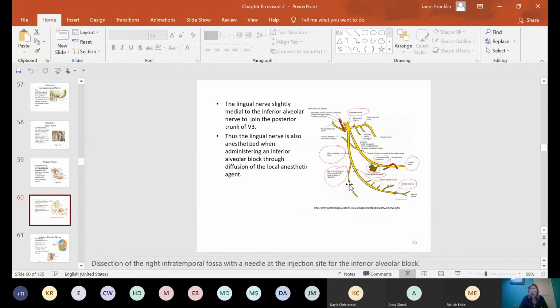And then you've got the mylohyoid nerve that drops down to the mylohyoid muscle. Occasionally on some people, this mylohyoid nerve still has a lot of sensory when you anesthetize the inferior alveolar, and so the patient will still feel not anesthetized on their first molar. So you have to go back and kind of infiltrate the first molar.